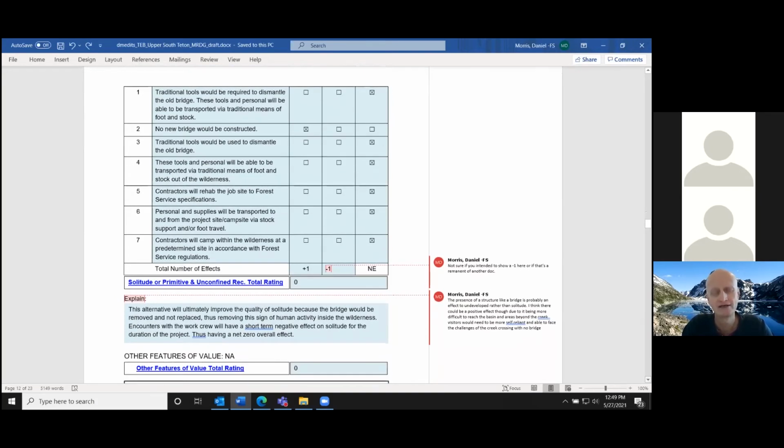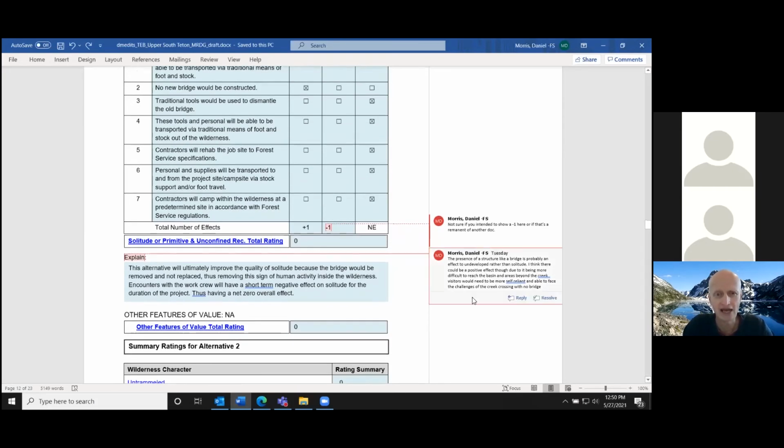Is that presence of that old bridge an effect to your solitude, or is it an effect to undeveloped quality? I think you can go either way. With a bridge, I tend to think of that as a development. But the main thing is be consistent throughout the document.